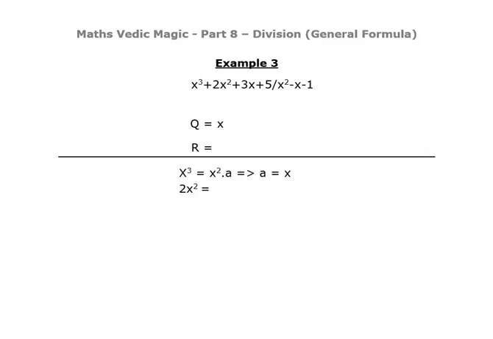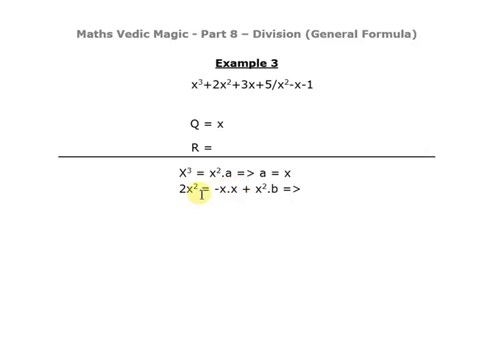One, multiplying this minus x, the second term of the divisor, with the highest term of the quotient, so it would be minus x into x, plus the highest term of the divisor, x squared, into something, let's say b.